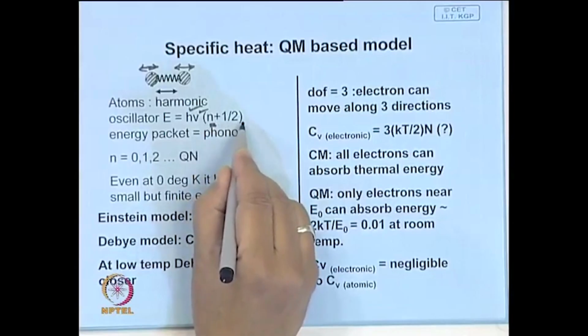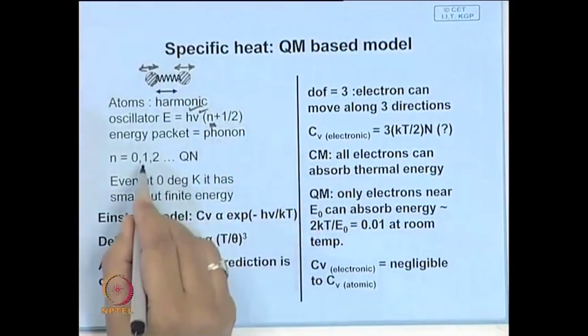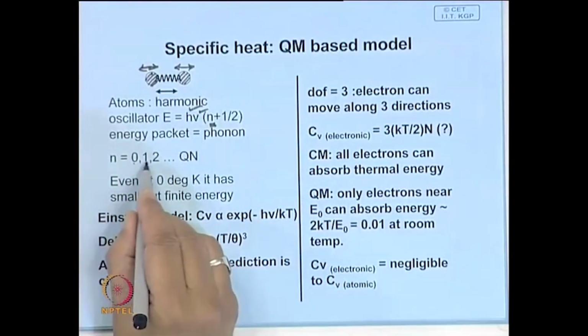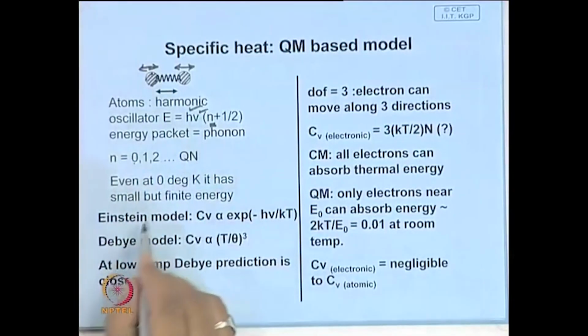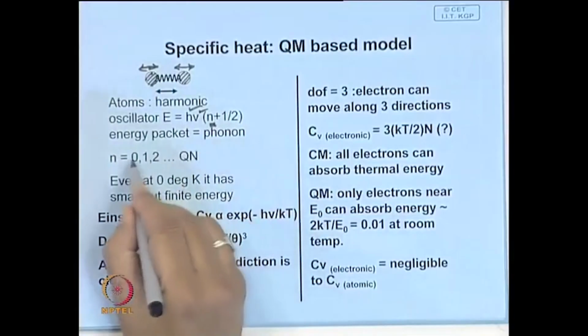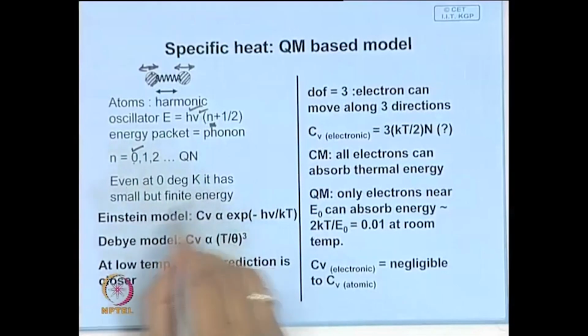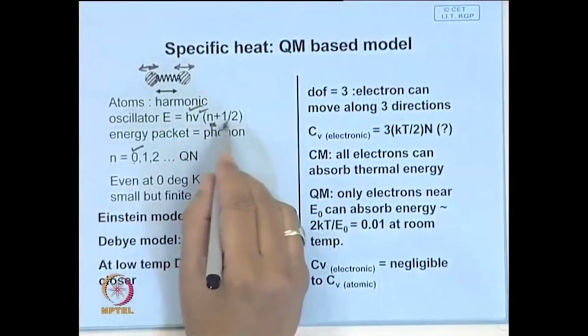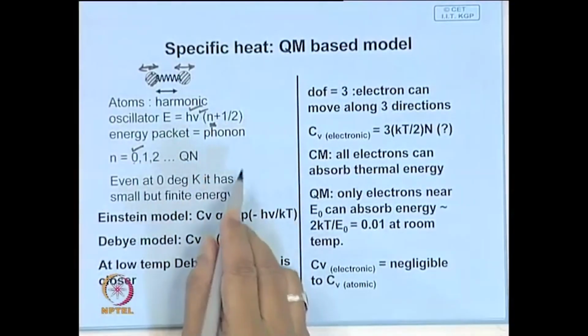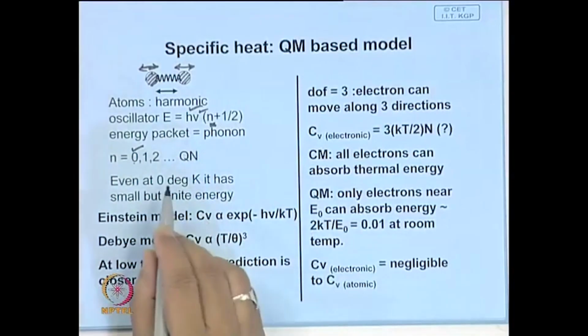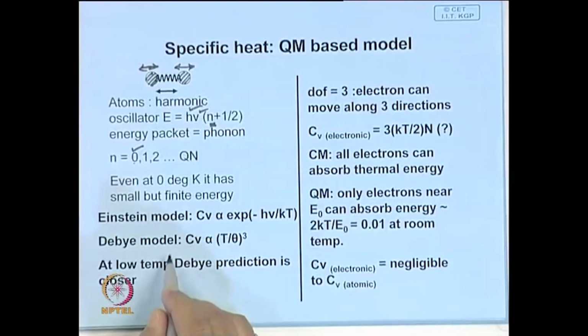One point which obviously comes up is that n is an integer, it can be 0, 1, 2. So even when n is 0, that is at 0 degree Kelvin, the electrons will have small but some finite energy. So, there is a basic difference between this and classical mechanics.